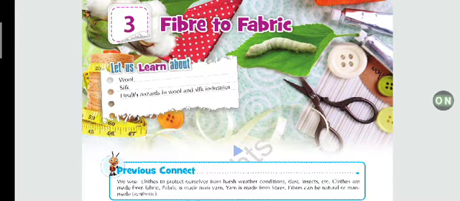So students, in the last video we discussed the introduction of fiber and fabric, in which we can easily recognize and identify the different types of fibers, and what is meant by fiber and fabric.